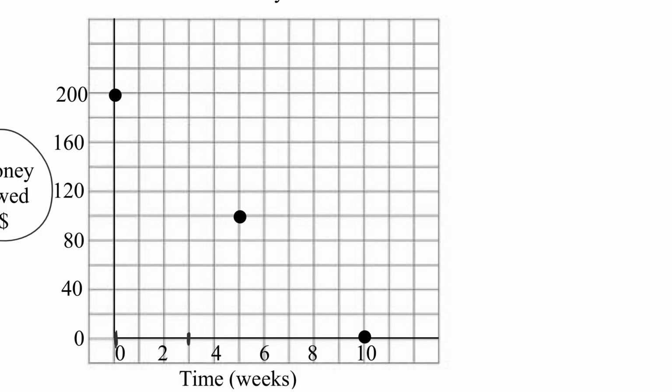Now, we don't have a nice line here yet, but I'm going to make one for us. Now that we have our line connecting all the dots, we're able to go right up from our 3-week marker and find exactly how much money she owes.